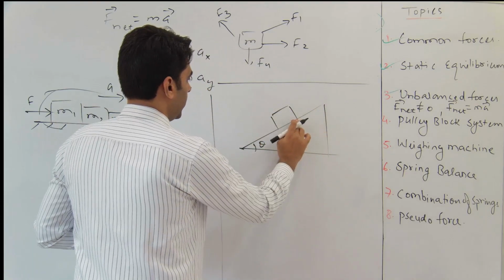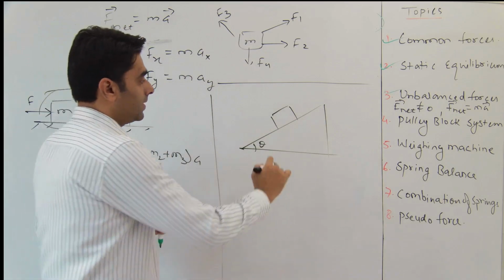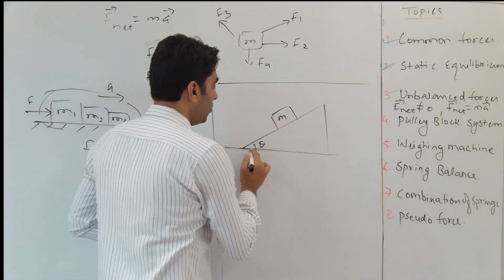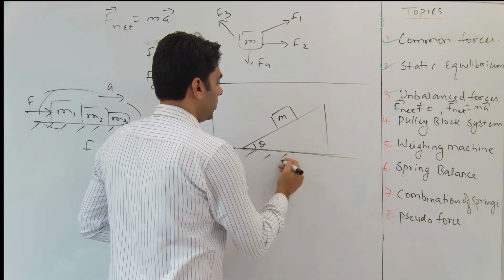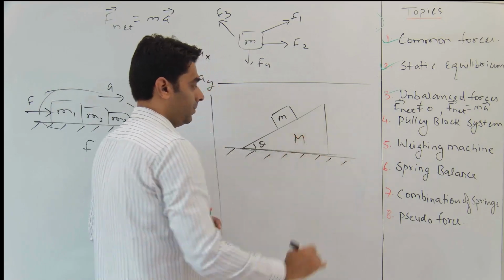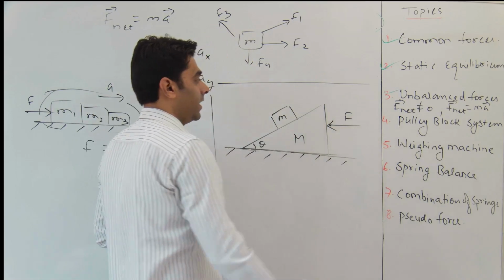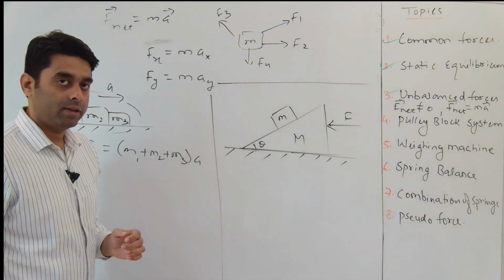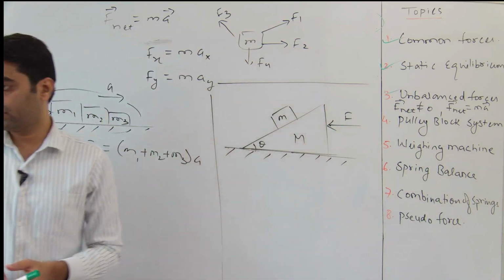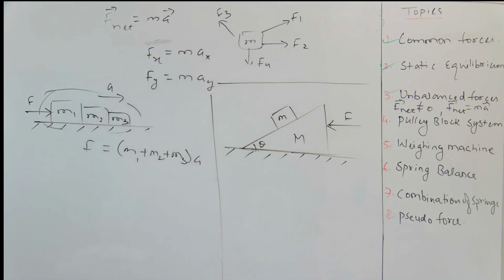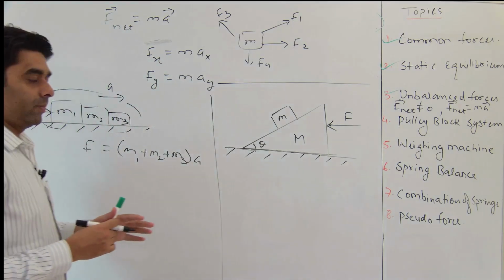Let's say a block of mass m is kept on a movable wedge of mass capital M, right? And a force F is acting on them. Yeah, sorry. Let us continue.